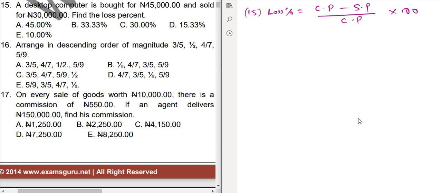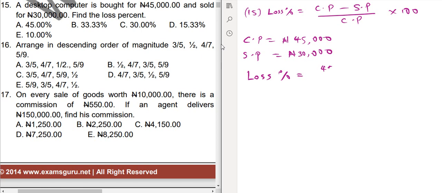Good. So let's pick our data. Cost price is 45,000, and the selling price is 30,000 naira.